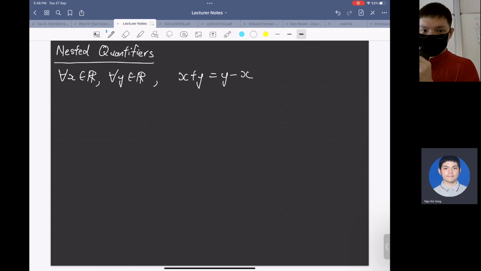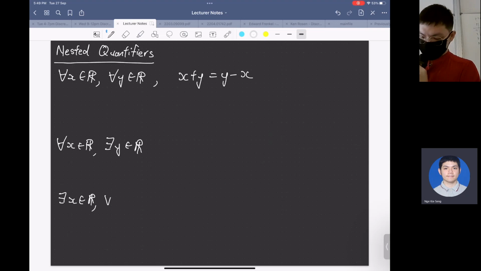So we will have 4 cases in this case. Maybe I swap this one, and then I have this first, and then for every, and then I also have this. I want you to know this thing. You must know this thing.